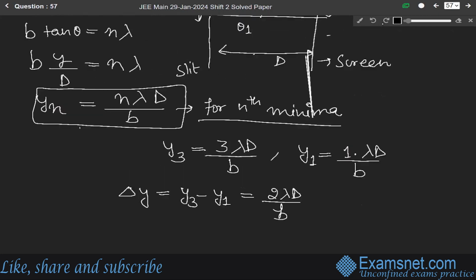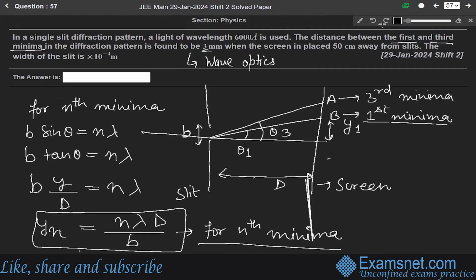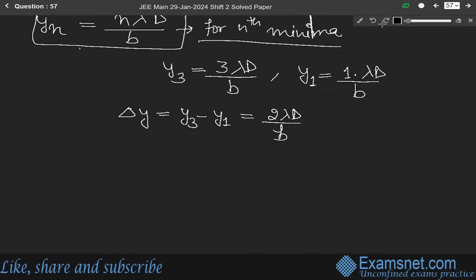So delta Y is given as what? The distance between the first and the third minima in the diffraction pattern is found to be 3 millimeter. So 3 millimeter means 3 into 10 to the power minus 3 meter. It is equal to 2 into lambda.